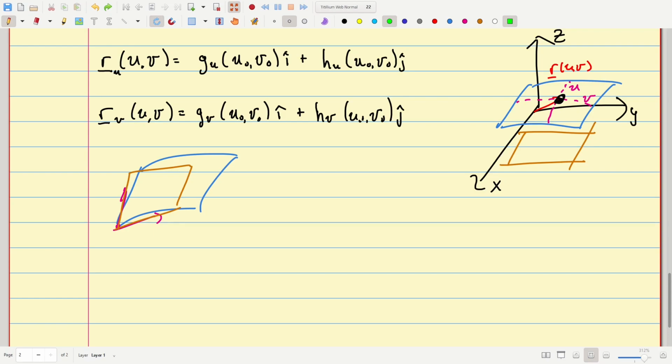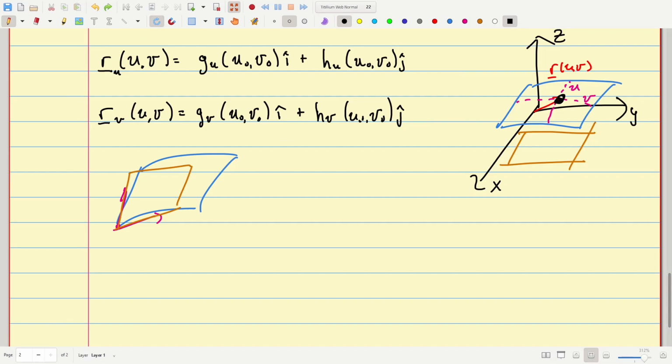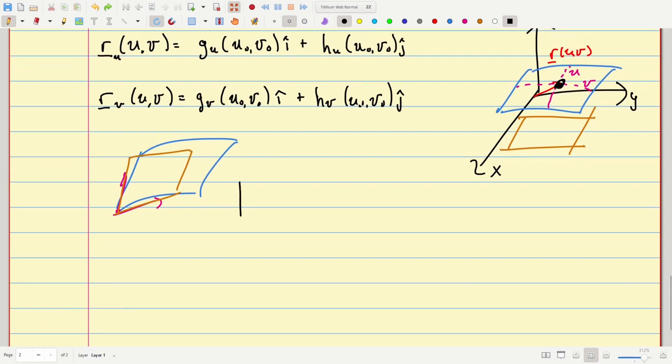So we can use the cross products of vectors in order to determine the area of a parallelogram, right? This is a formula that we have way back from chapter 12 at the beginning of the class. And so if we use these pieces of information here in order to determine the area of that parallelogram, we're going to have R partial U cross R partial V. We're going to use the bad notation for cross product here.